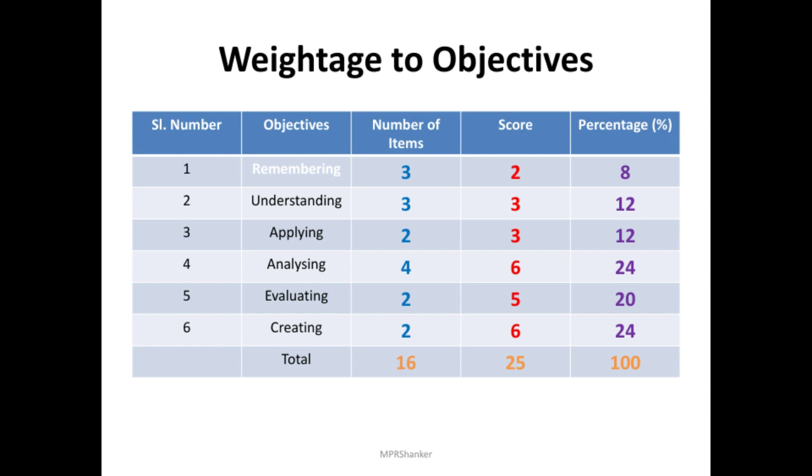In this test paper, we have allotted 32% of marks for lower order thinking skills, and the remaining 68% is allotted for higher order thinking skills.